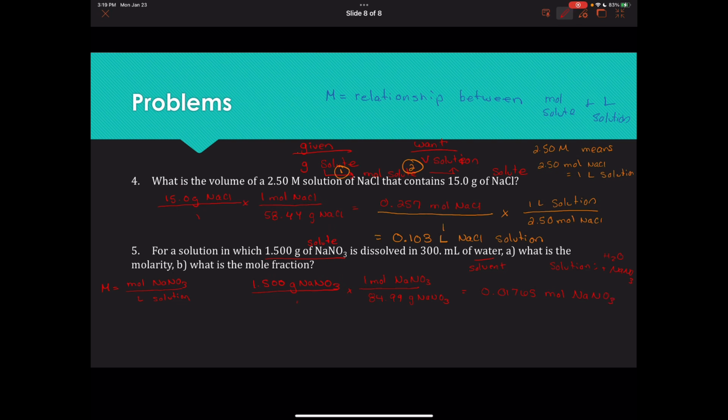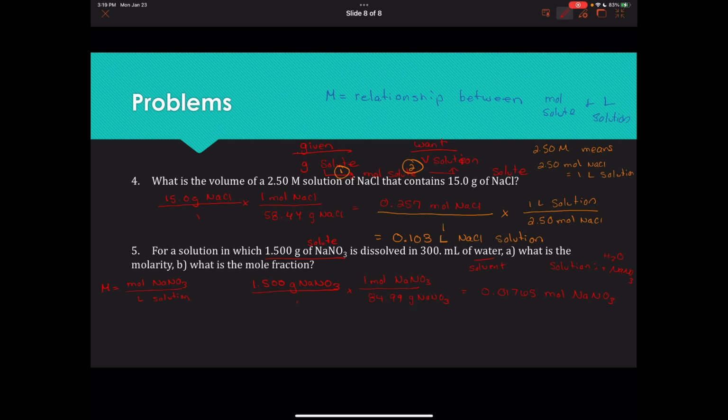Now the other portion I need is my information about my solution. I need my solution volume. I'm given solute information and I'm given solvent information, but they're not in the same units. To add them together to get my solution total, I need the same units.